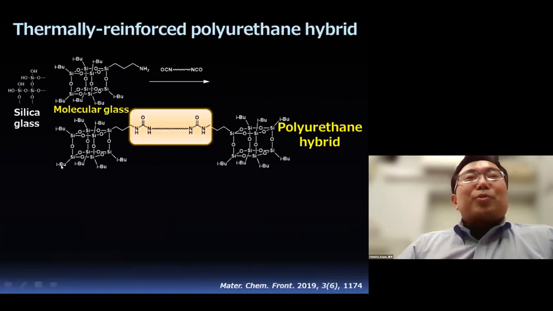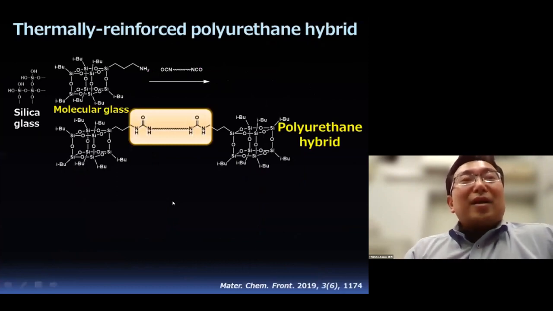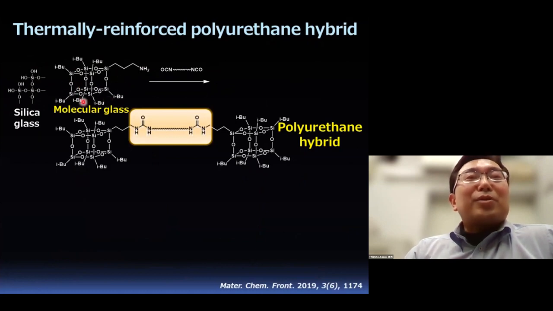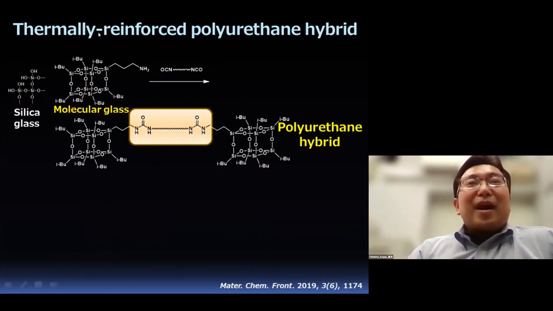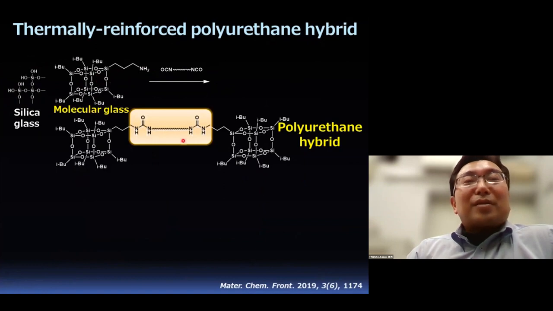To solve this problem, we introduced glass molecules. This is the chemical structure of silica glass, and we can synthesize a cubic type molecule consisting of a silica cage, which we call molecular glass. By introducing this molecular glass at the end of polyurethane, we obtain polyurethane hybrid materials.